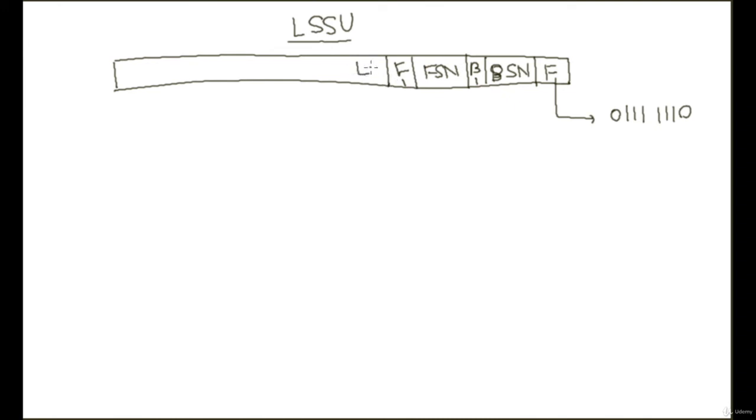Then there is length information, which is 6 bits in size. And there is a 2-bit spare. The spare bit is generally filled with 0, 0. Then there is a status information, which is 8 or 16-bit in size. And then there is a CRC, which is 16-bit in size.